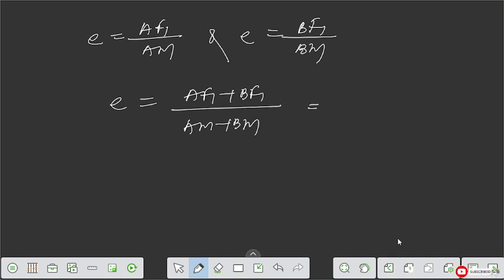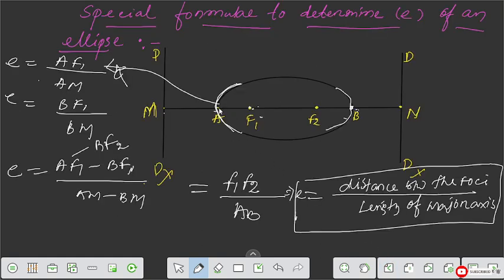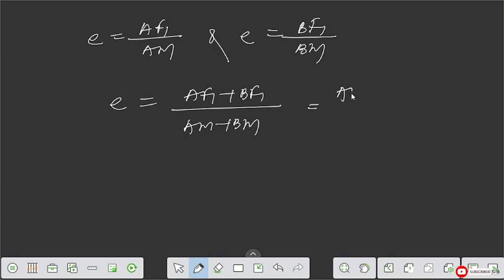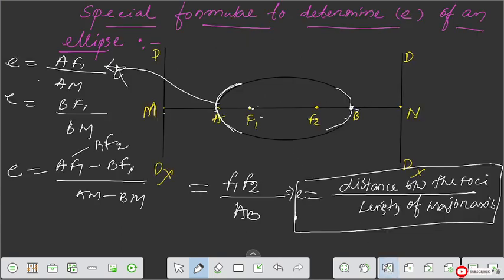AF1 plus BF1 gives the whole term AB, that means the length of the major axis. So AB, and AM plus BM, so AM is equal to BN, so BM plus BN, which is MN.